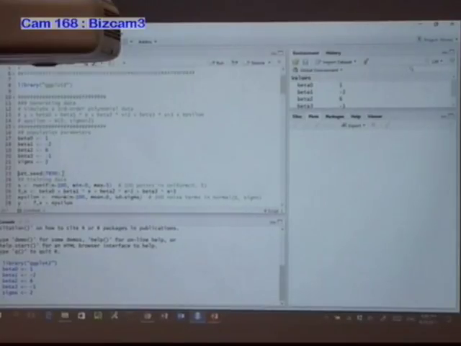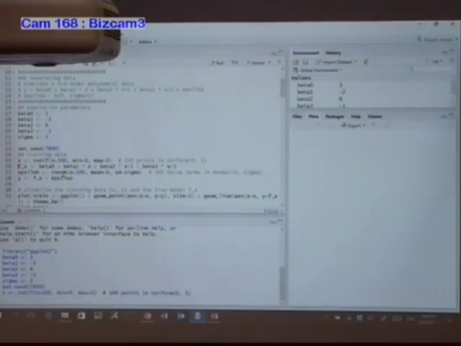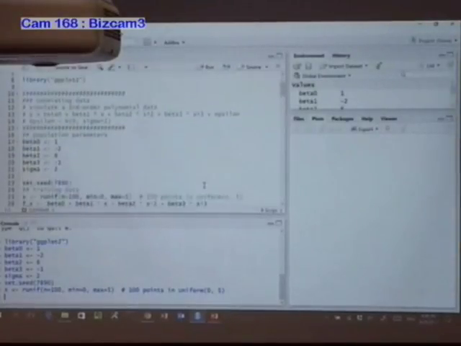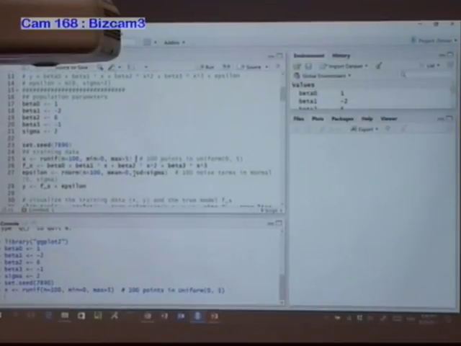Then I set a seed and simulate the x. I have 100 data points. Is that big enough? Everybody can see? I can enlarge it. Better?